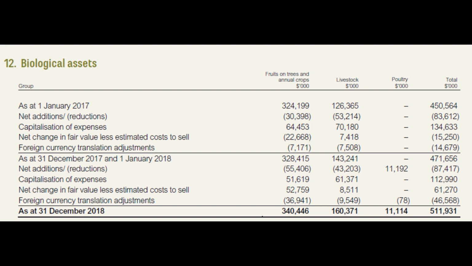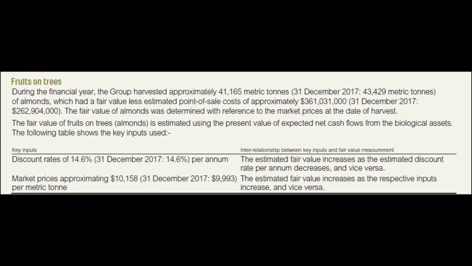And for the annual crop, it is valued using the adjusted cost, based on the estimated yields and the cost of the crops at harvest discounted for the remaining time to harvest, which approximates the fair value.